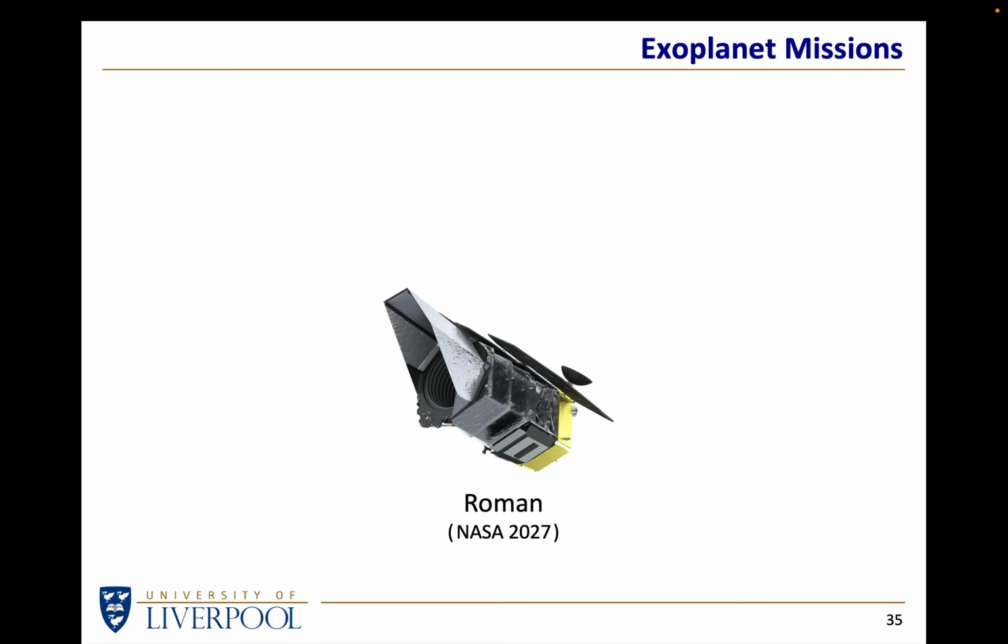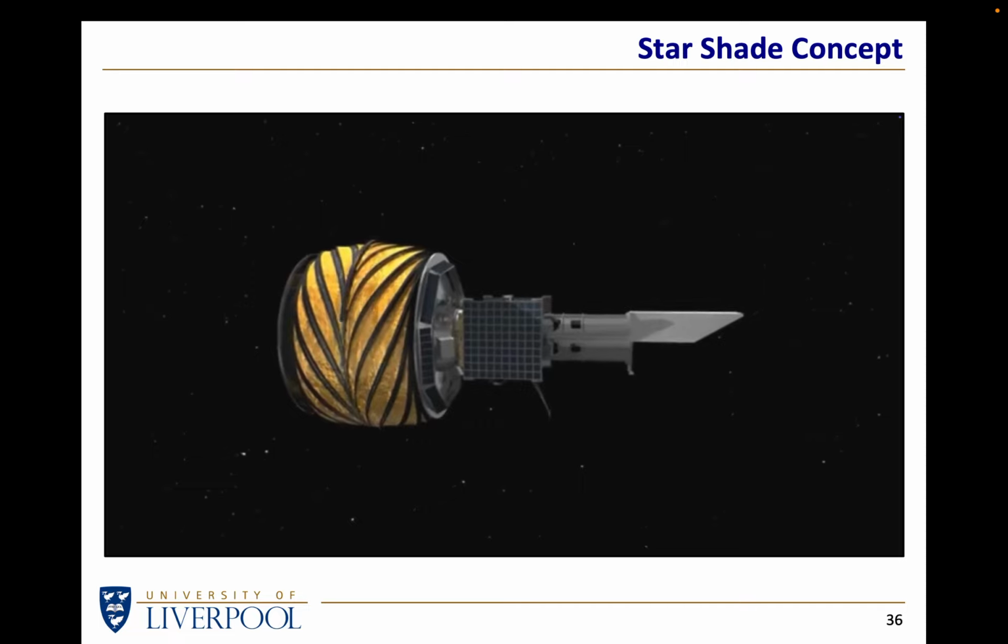And if you have a very bright star, some of that light will get scattered because optics are imperfect. No matter how good your mirror, no matter how good your lens is, if you have very bright star light entering the telescope, some of that light will be scattered and it might make it very difficult to see faint planets.